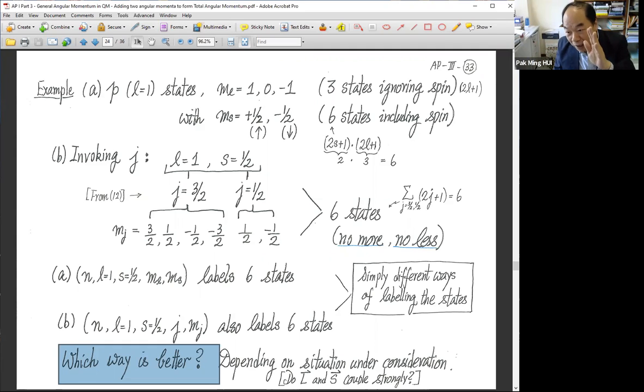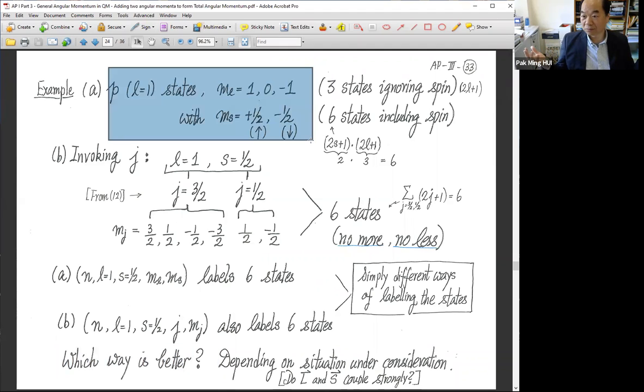So the orbital angular momentum will do whatever it does to minimize energy, aligning with my field. The spin angular momentum will also align with my field. So they operate kind of independently. Therefore, their coupling is not that strong. In that case, the traditional labeling will work.